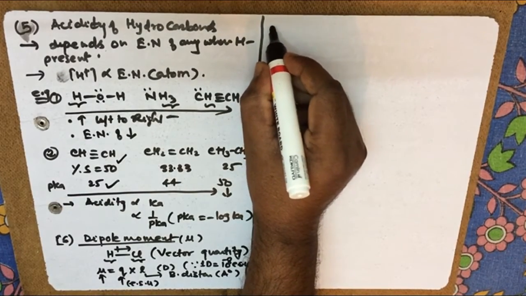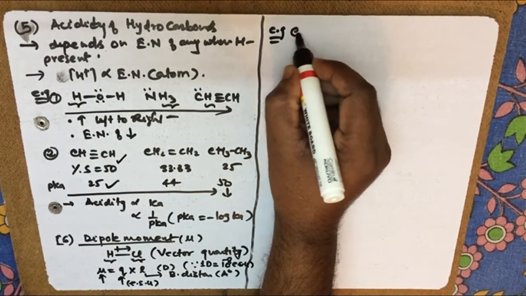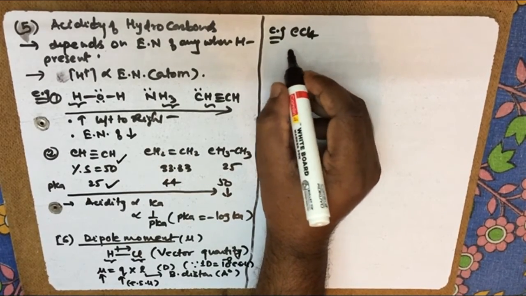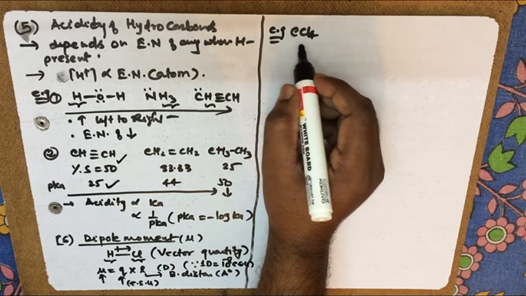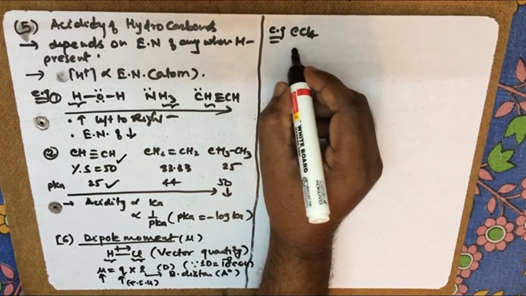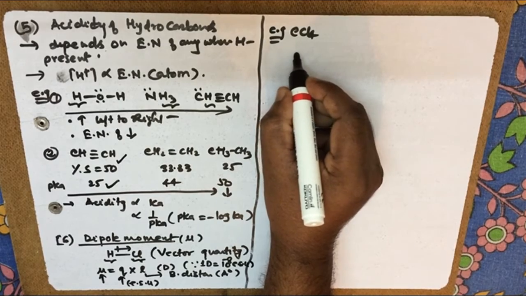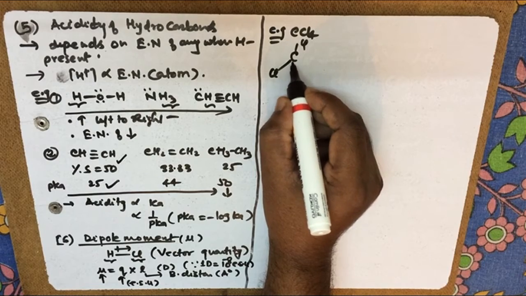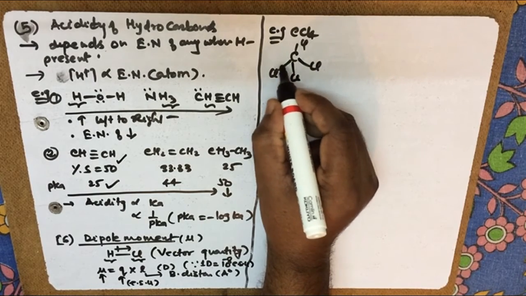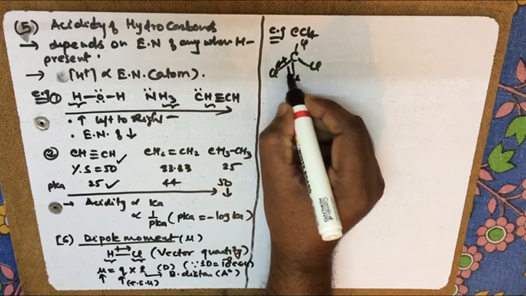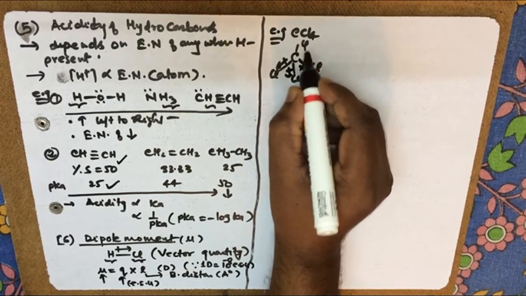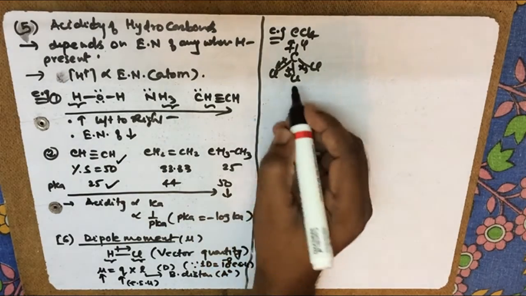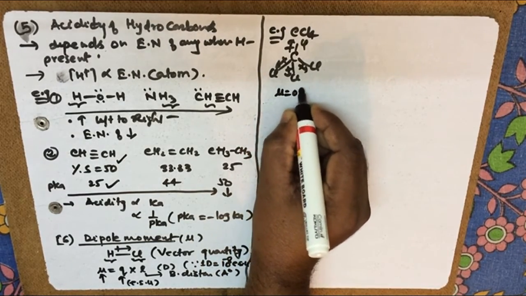If we see this example, carbon tetrachloride, this has zero dipole moment, because if you see carbon, Cl and Cl, electronegativity is in this direction, electronegativity here in this direction, so the net dipole moment for this is 0.